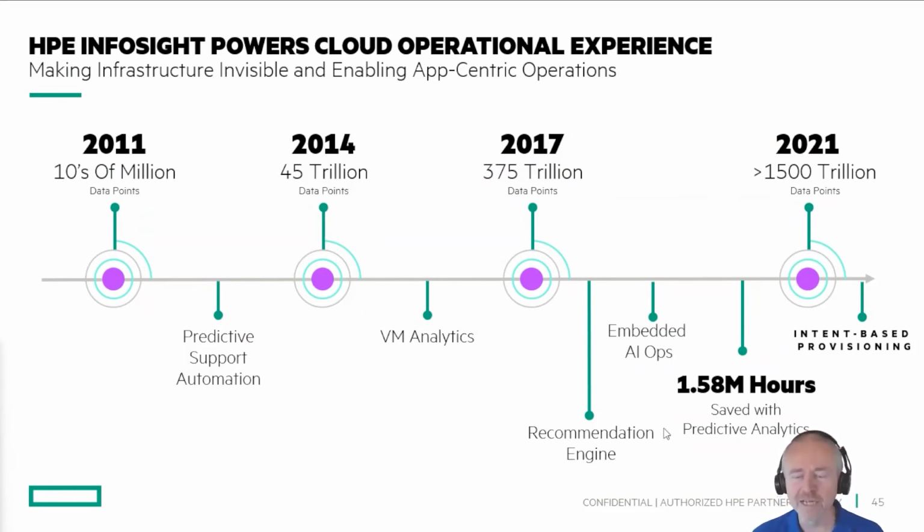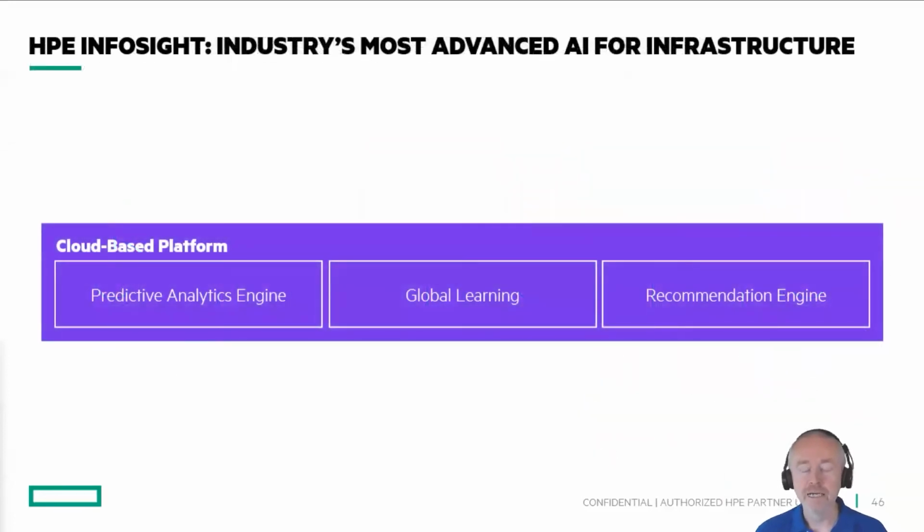And with predictive analytics, we are saving already a lot of hours. That recommendation engine was added somewhere 2019. It became available as well, the Waze experience. Yeah, so also there, it's nothing new. It exists already more than 10 years. We are very smart. We learned a lot already in the past 10, 11 years.